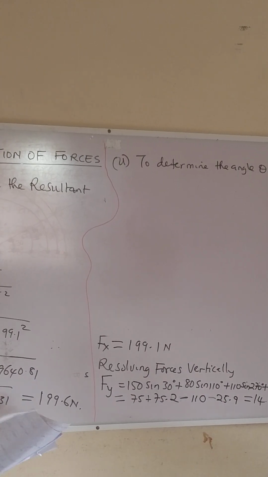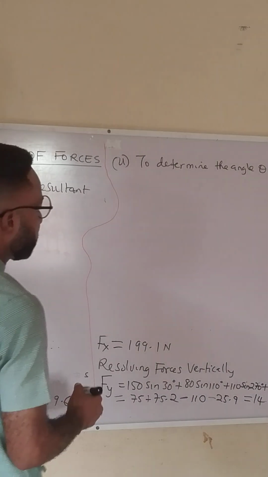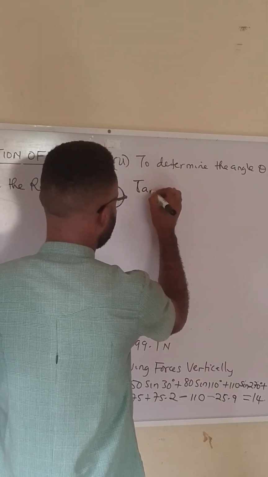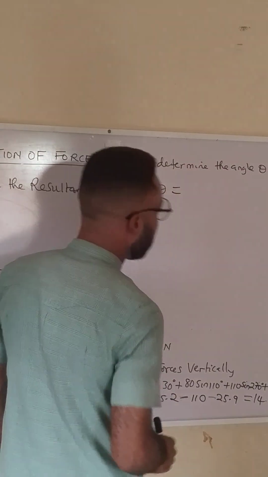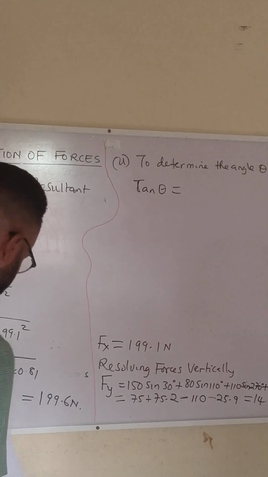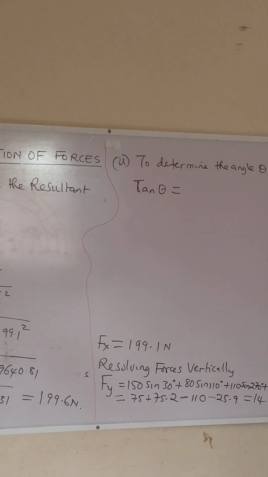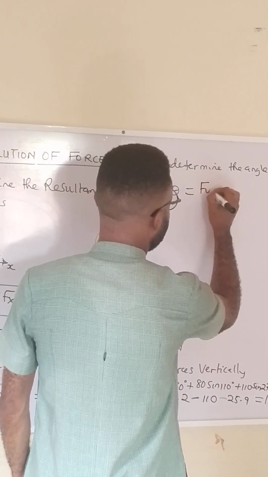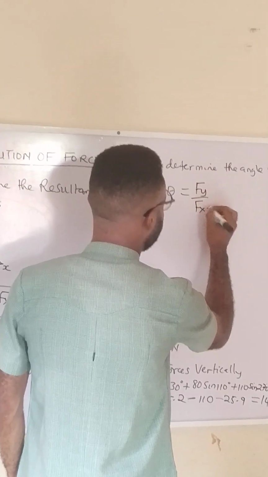If we are to determine the angle theta, we use tan. So tan theta will be equal to whatever we have as resolution of Fy, that is vertical forces, divided by horizontal forces. So this will be Fy over Fx.